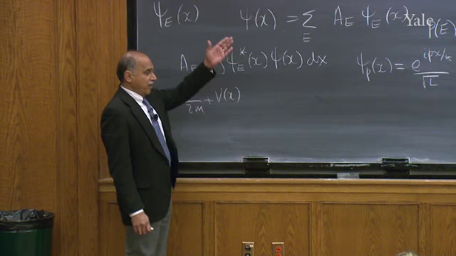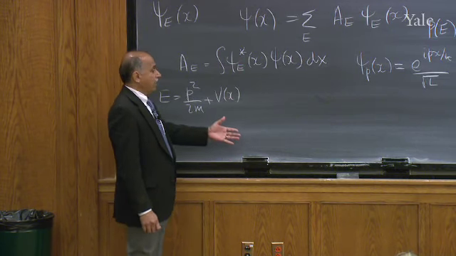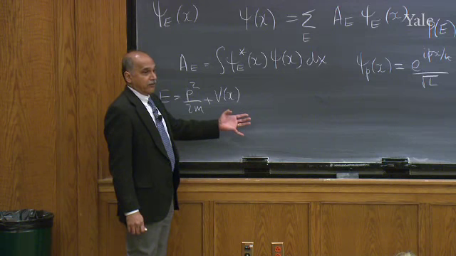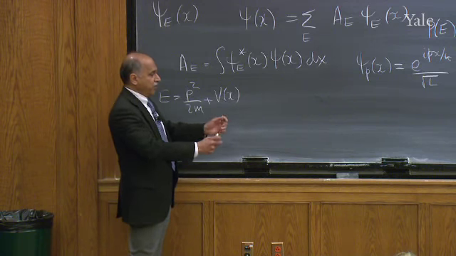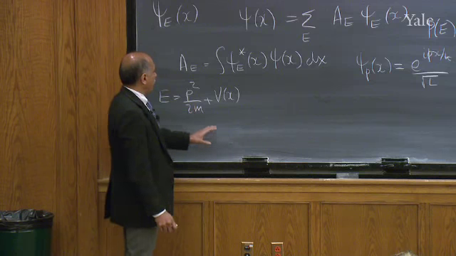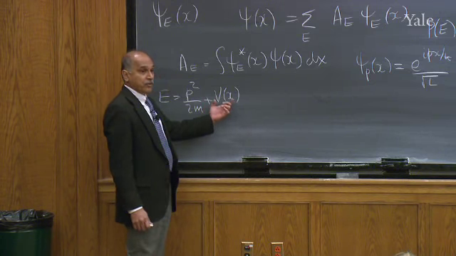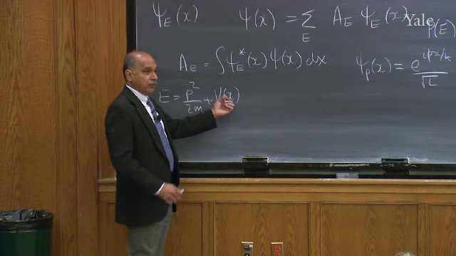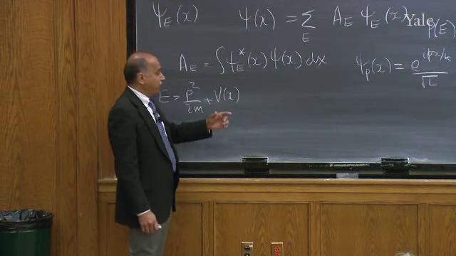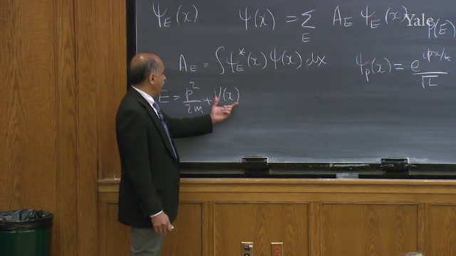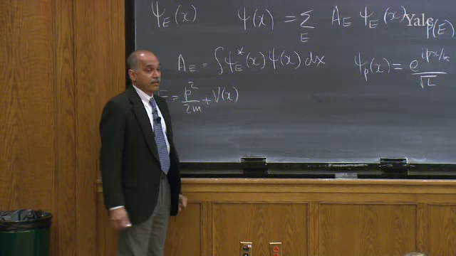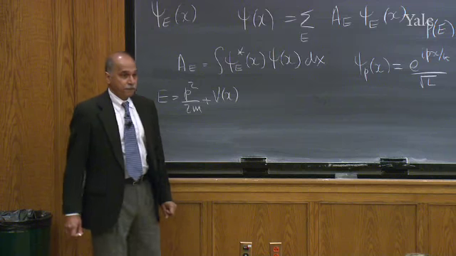If it's a particle moving up and down in gravity, it could be mgy. If it's two particles connected by a spring, it'll be something else. Or for an electron in a hydrogen atom, it's the Coulomb potential, e1 e2 over r squared times some 4 pi's. So in each problem, there's a different V, and for each V, you've got to find the functions.